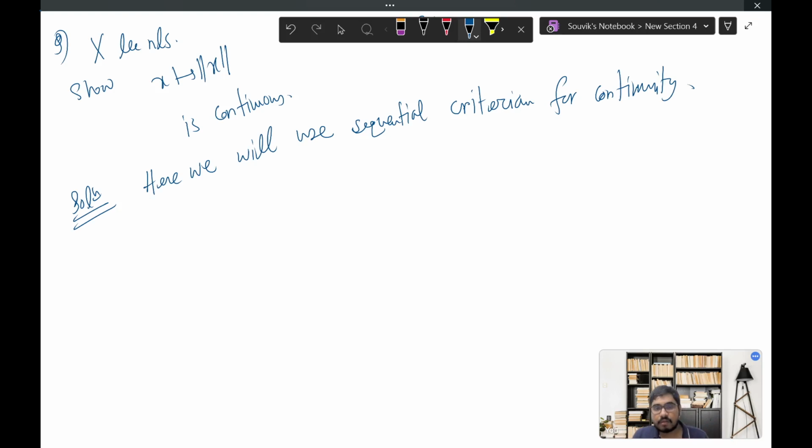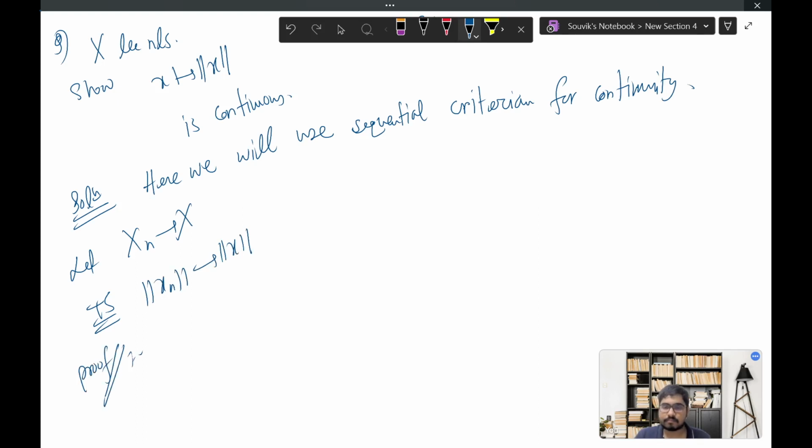So how do we do it? Let xn go to x. We need to show norm xn goes to norm x. Basically, consider this: by the basic property, the difference of the norms is less than or equal to norm of xn minus x.